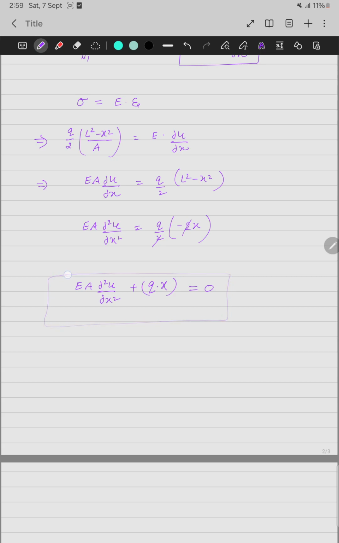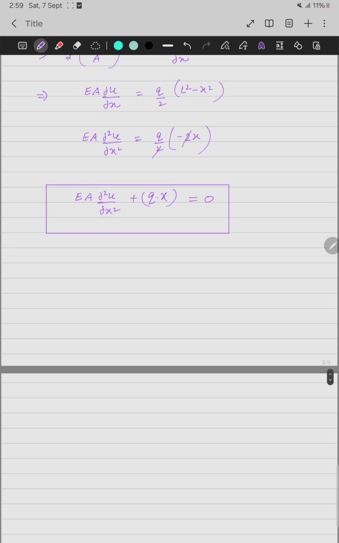So this equation that we got here is basically the governing differential equation for the bar element having a uniform variable load in axial direction. The unit of this whole term is Newton per meter. Suppose it is acting for a dx section, the net force acting on dx will be q x times dx. So we got the governing differential equation for the bar element.